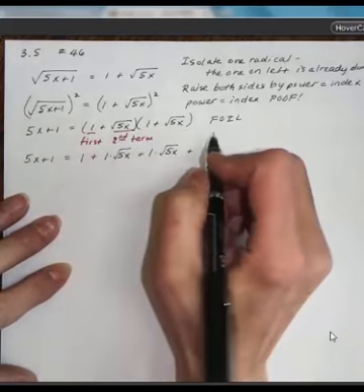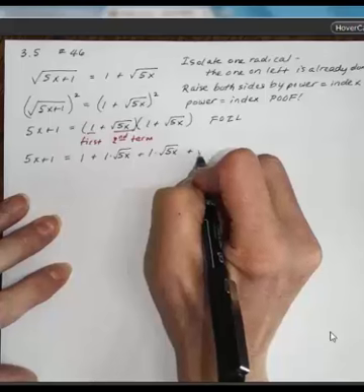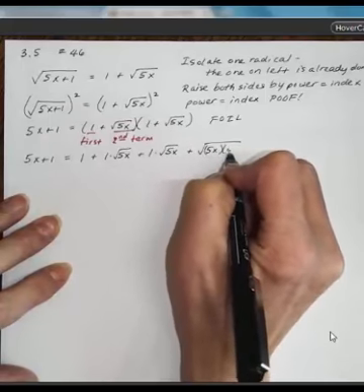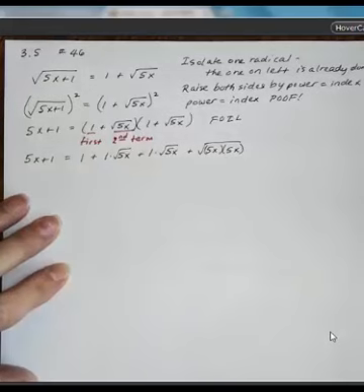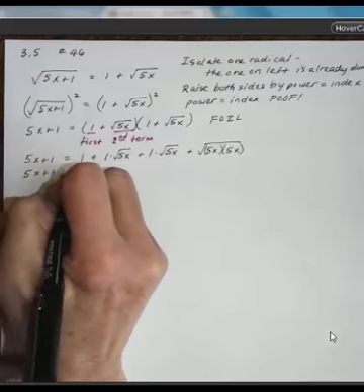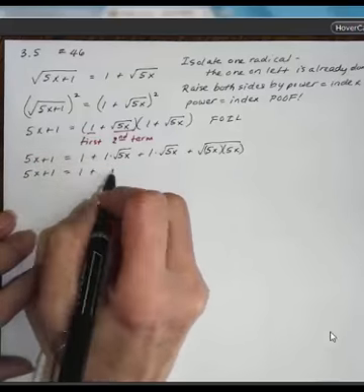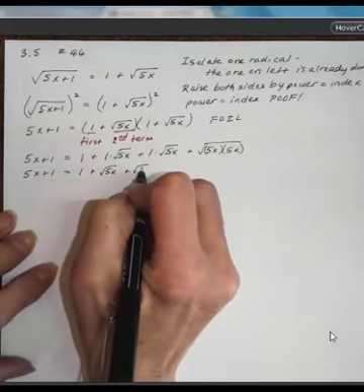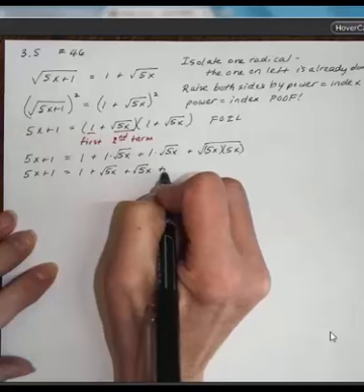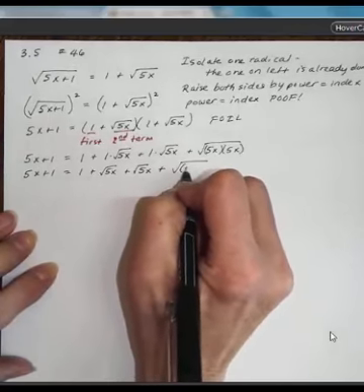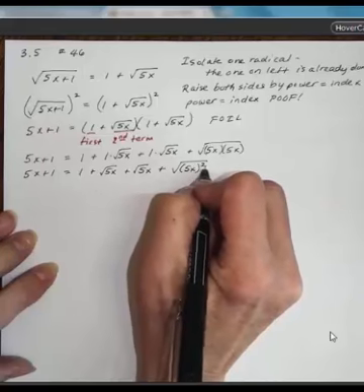If it helps you, rewrite this as the square root of 5x times the square root of 5x under the radical. Simplifying a little bit further, I have 1 plus the square root of 5x plus the square root of 5x plus, and I'm going to rewrite this as the square root of 5x squared.